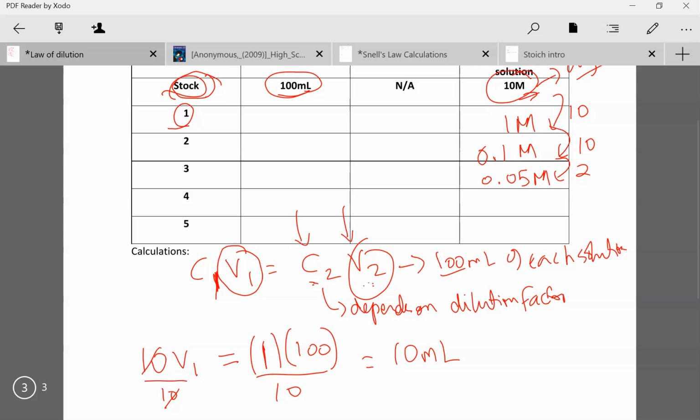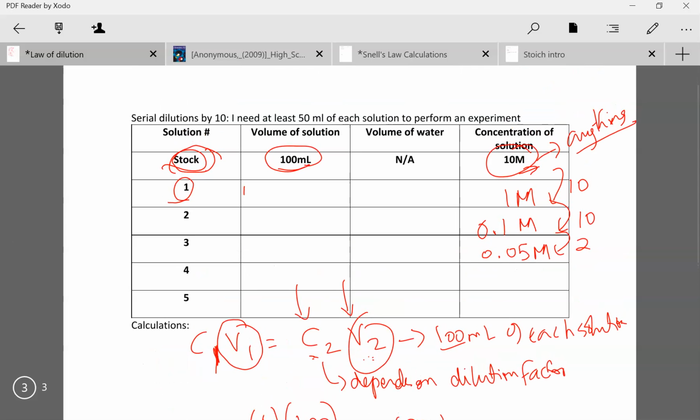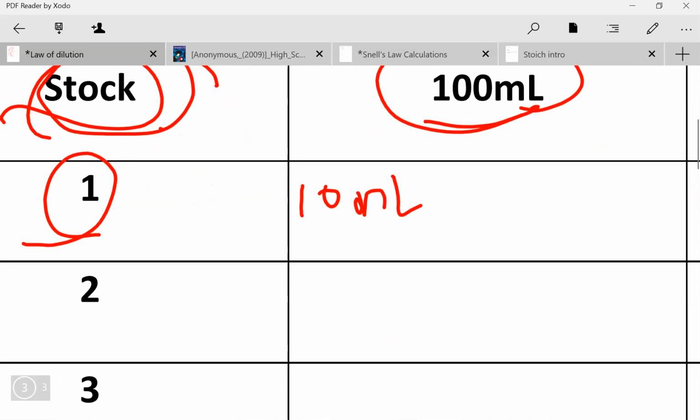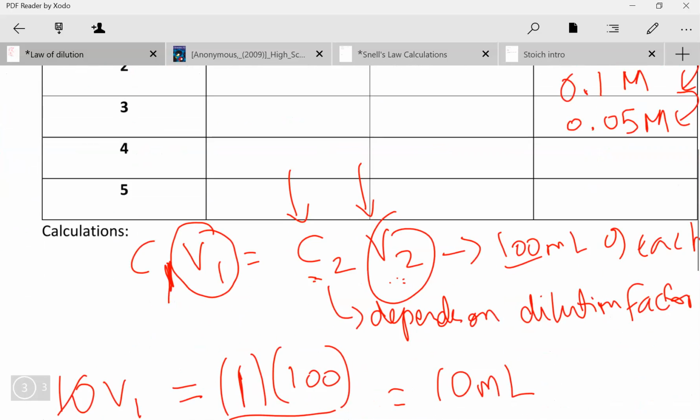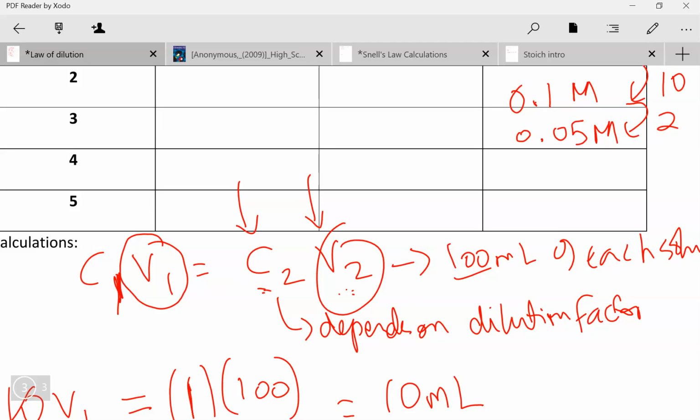So what this means is this 10 milliliters is what goes into my volume of solution. So I need 10 milliliters of stock, right? But you'll notice that my volume that I needed was 100 milliliters in total to get my second concentration.